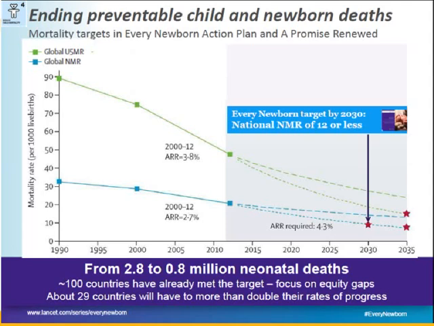The Every Newborn target is aiming for a national newborn mortality ratio of 12 per 1,000 births by 2030. This requires an annual rate reduction of 4.3% per year from the current annual reduction rate of 2.1%. The idea is to focus on the 29 high burden newborn mortality rate countries who will need to double their rates of progress at both national and subnational levels to ensure that the most vulnerable newborns and inequities are addressed.